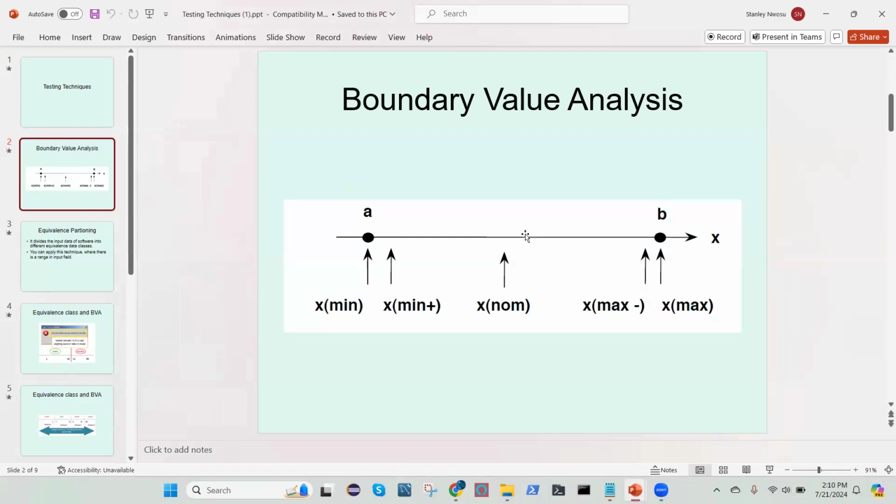When applying for a loan, we have a mobile phone text box, and our mobile phone numbers have 10 digits.